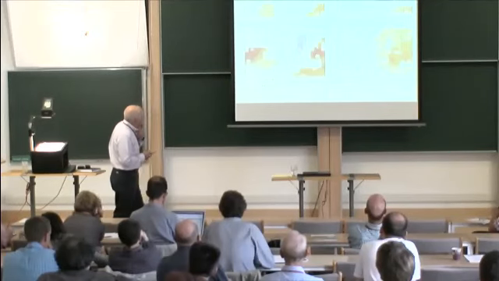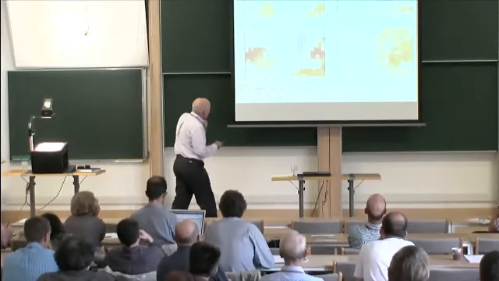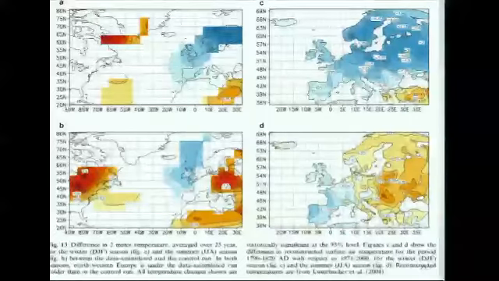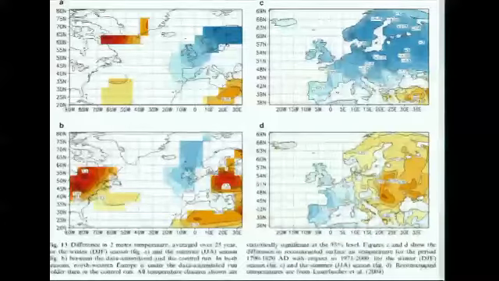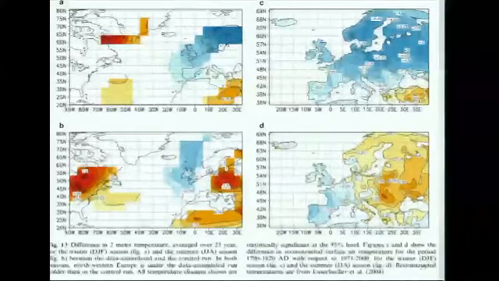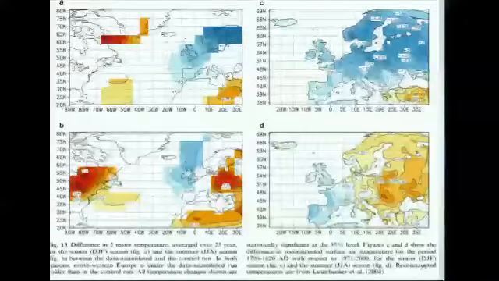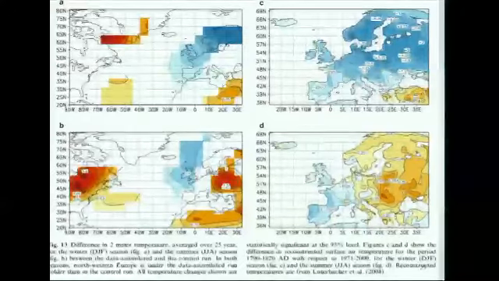This is then their result, and I'll just let their own words say it. This is taken directly from their paper. This is the difference in the 2-meter temperature averaged over the 25-year period. Actually, it was a slightly shorter period than the full Dalton anomaly, for the winter and then for the summer. And then this is the comparison with the Luterbacher reconstruction.